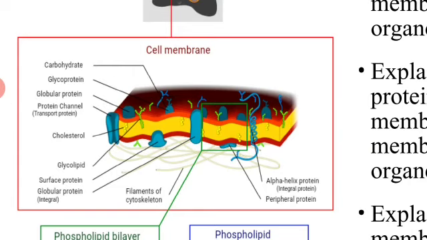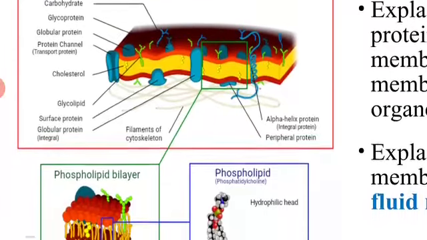Because the electron microscope uses a beam of electrons that have shorter wavelength than light. And once you have shorter wavelength, then the resolution is far better and allows you to study detail, and we're able to see the component parts of the cell membrane that you're calling the plasma membrane.